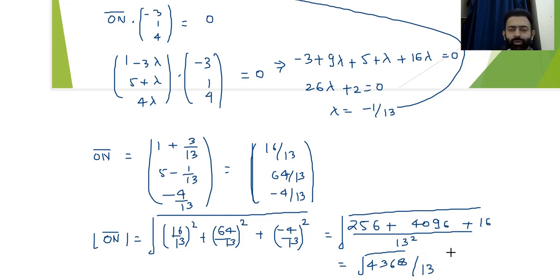Okay, so I'm again repeating the steps. What you have to find out in order to calculate the shortest distance from a point to a line is that you first find out the point where the straight line joining the given point and the point at which the shortest distance occurs will intersect the given line.